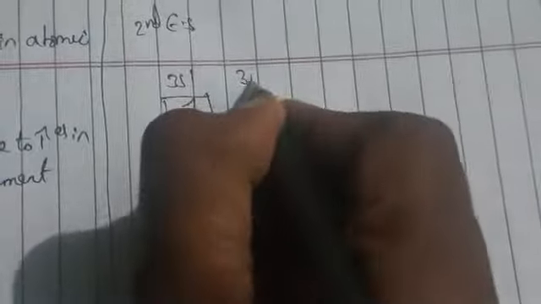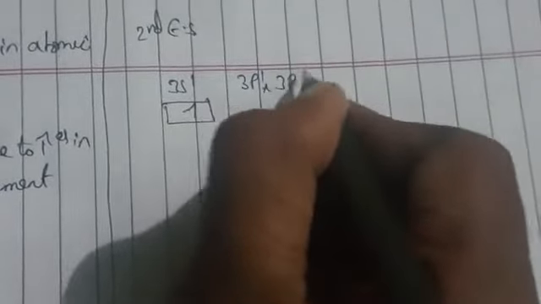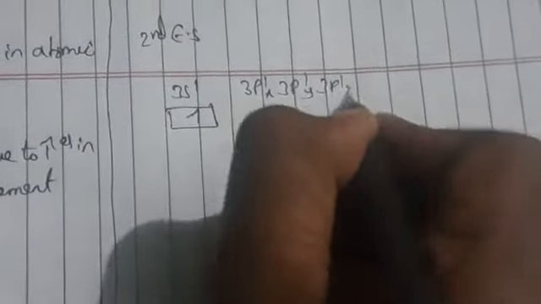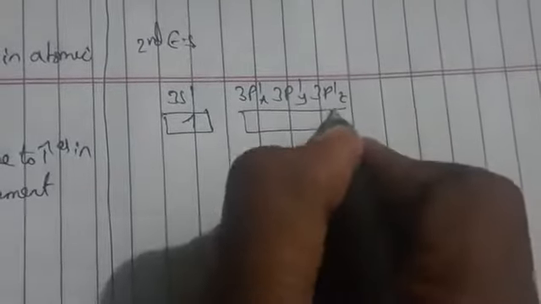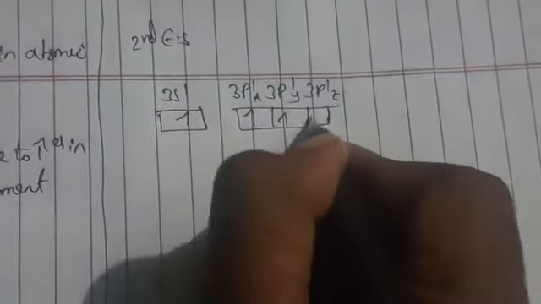Okay, so coming to the next one, the second excited state. So what happens here? 3s1, 3p1x, 3p1y, 3p1z, 1 1 1.